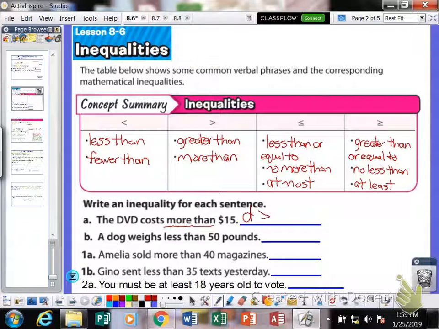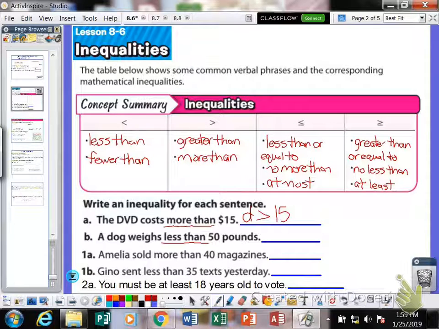That tells me I'm using my greater than symbol: D is greater than 15. And if you look, that was one of the terms that we listed up above as one that we can use for this problem. Next one we have: a dog weighs less than 50 pounds.